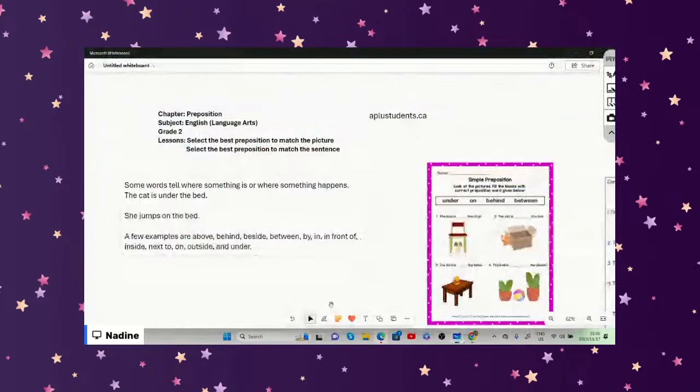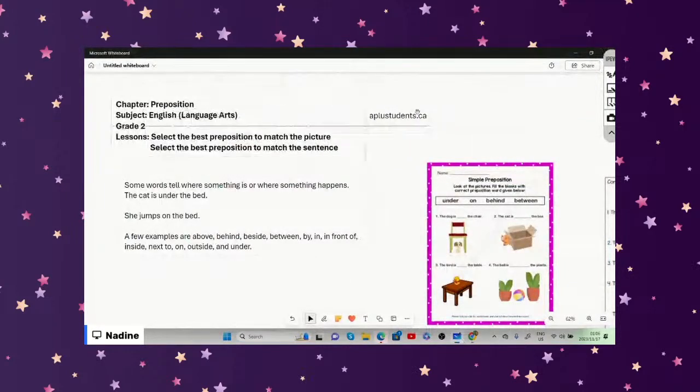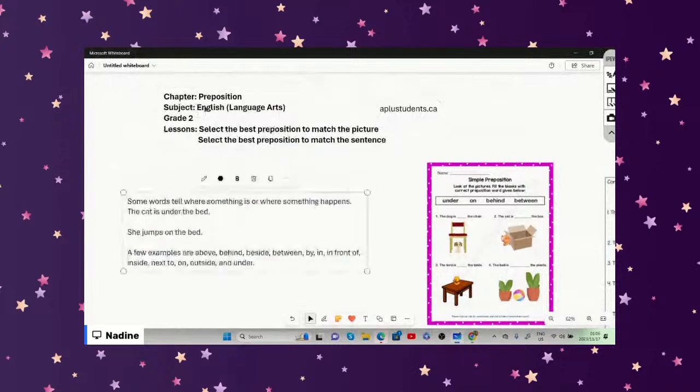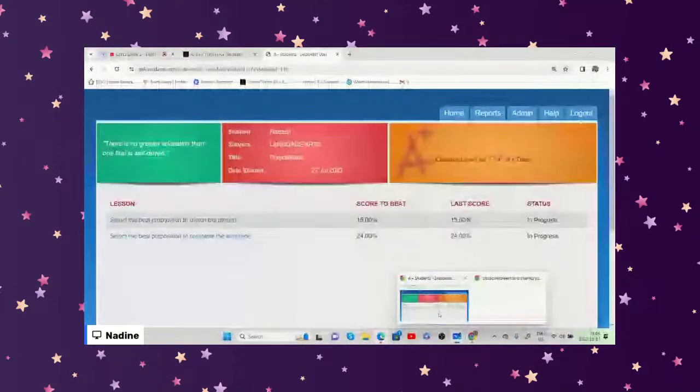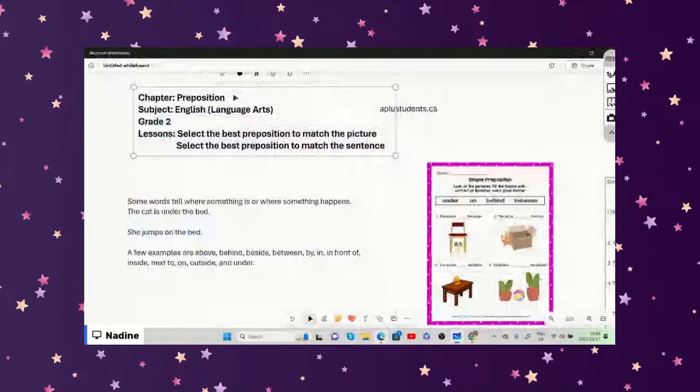So, our chapter for today is prepositions. Our subject is English, which is language arts, grade 2.